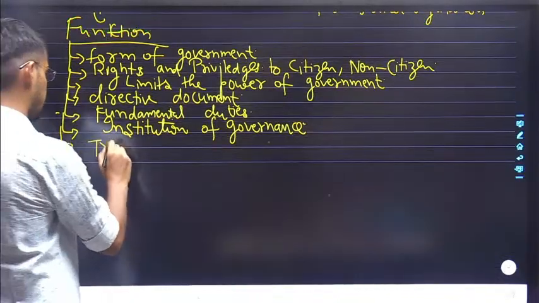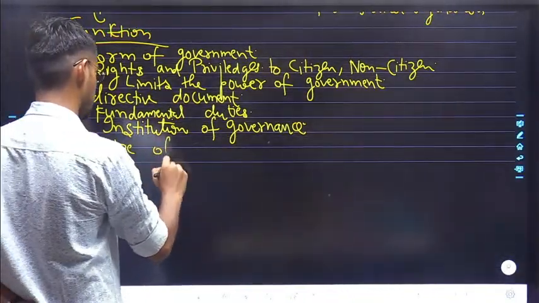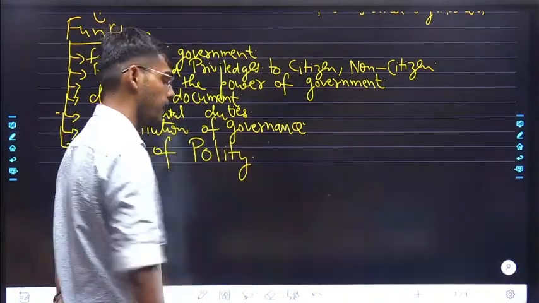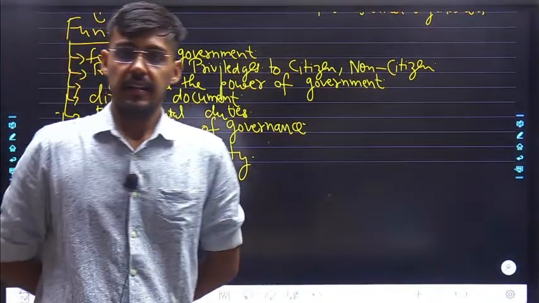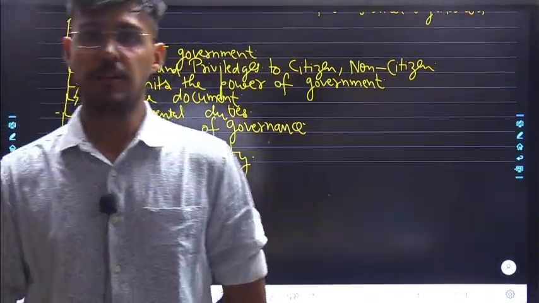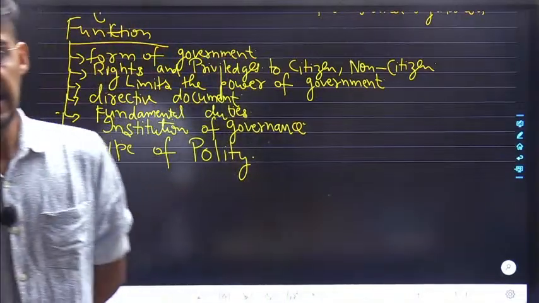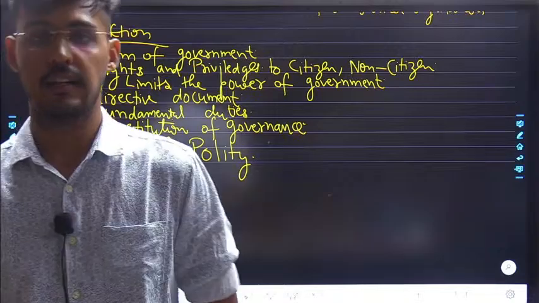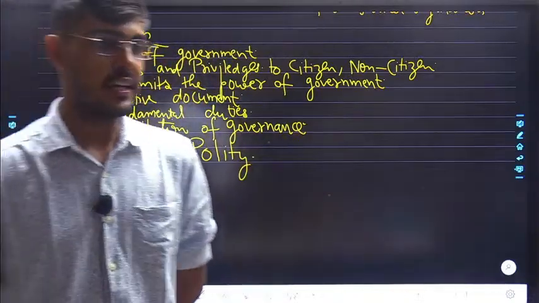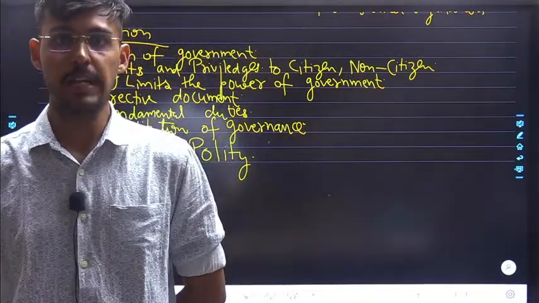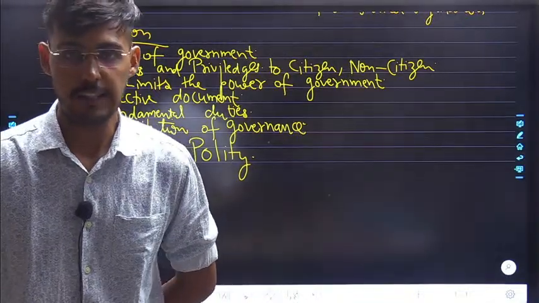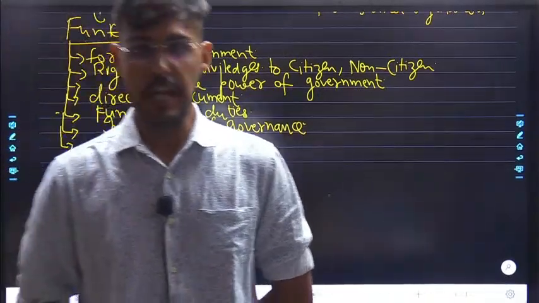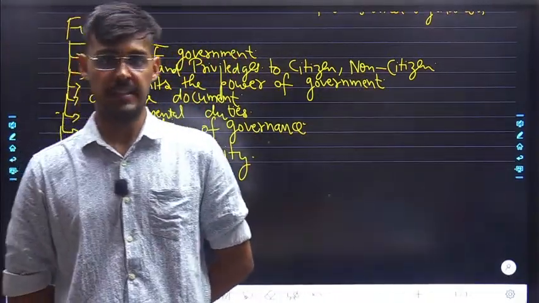There are various examples of a polity. A country can be a federal country, a country can be a unitary country. A unitary country is one such type of polity, political system, where all the power is centralized in one entity. There is only one type of government and no other governments.